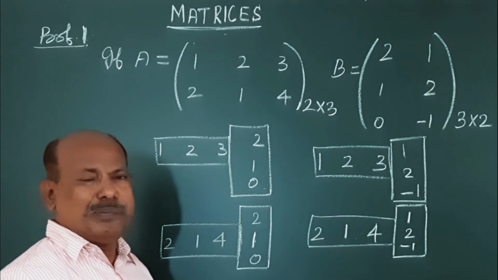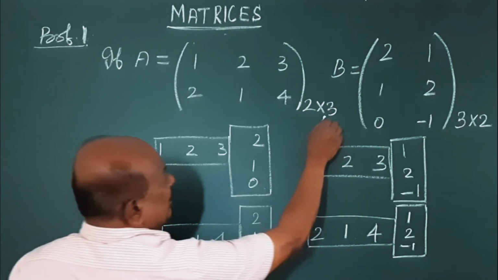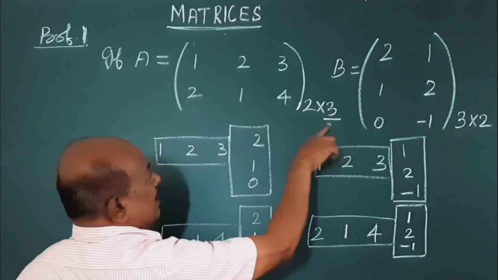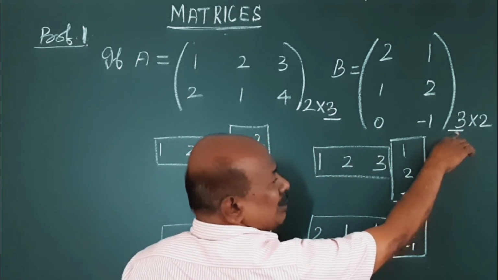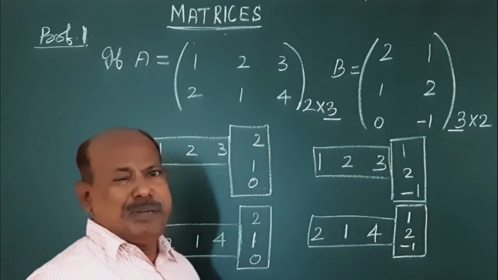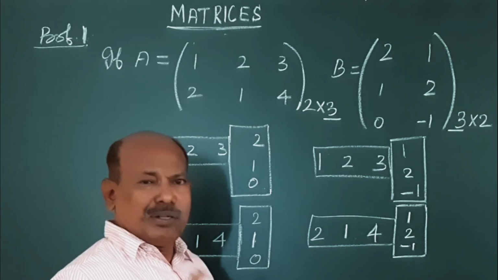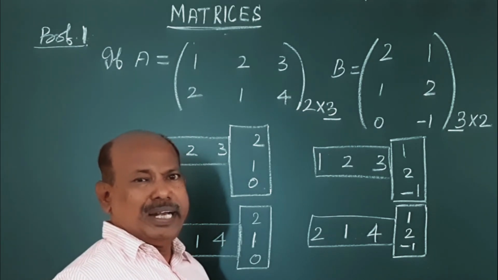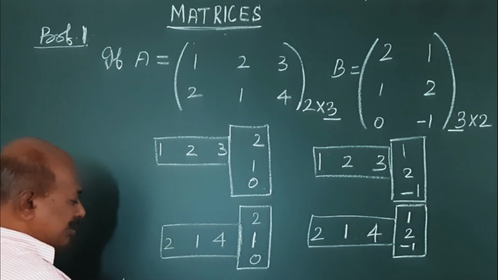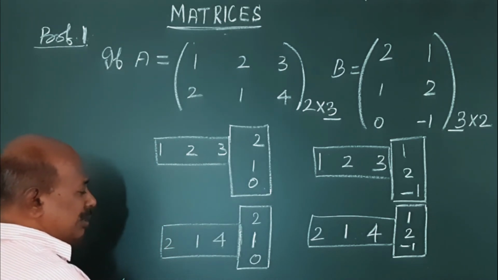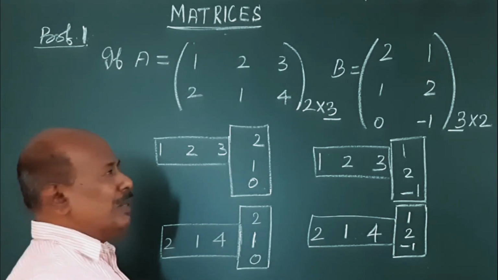We are going to multiply A matrix and B matrix. You see here, the columns of the first matrix is 3, the rows of the second matrix is also 3. So multiplication is possible. We are going to multiply A and B. AB equal to, how we are going to multiply?